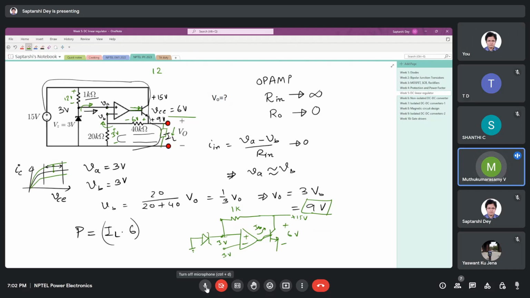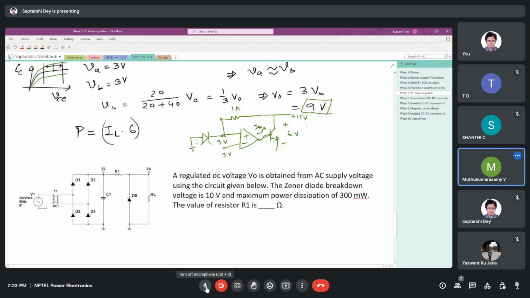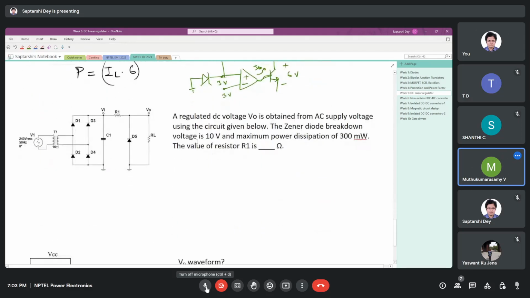Sir, I think the details of base current are needed. That is the only thing required. But can we calculate in some way? No, I don't think it can be done from here.